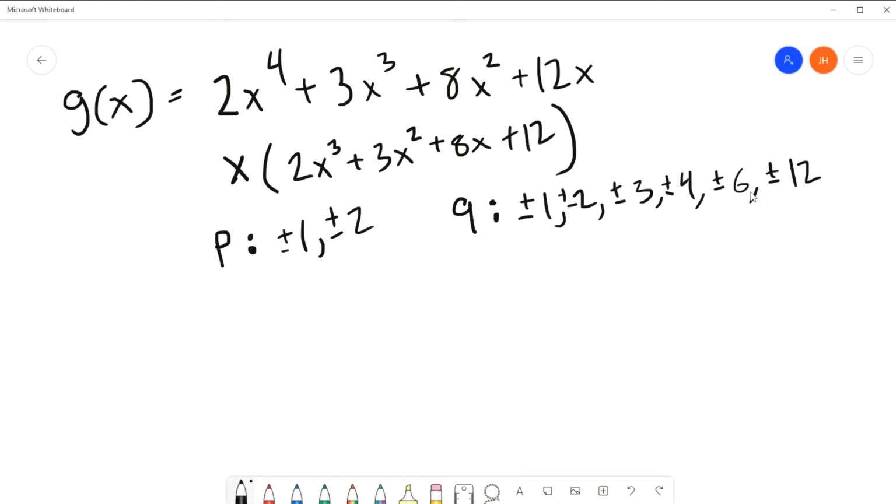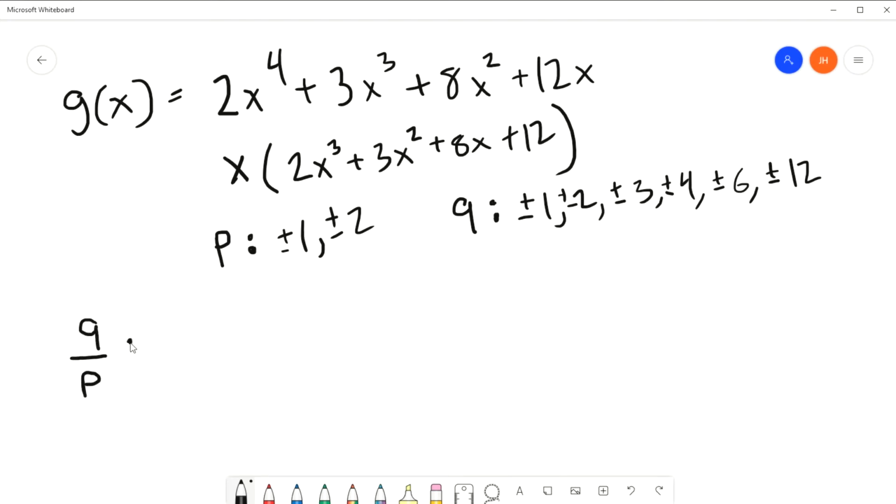Those are all the possible factors of 12, right? 12 is crazy because 12 has a lot of factors, but we'll be able to deal with it. It's fine. So now, by rational zeros theorem, I'm going to take my Q factors and divide them by the P factors and generate a list of possible zeros.